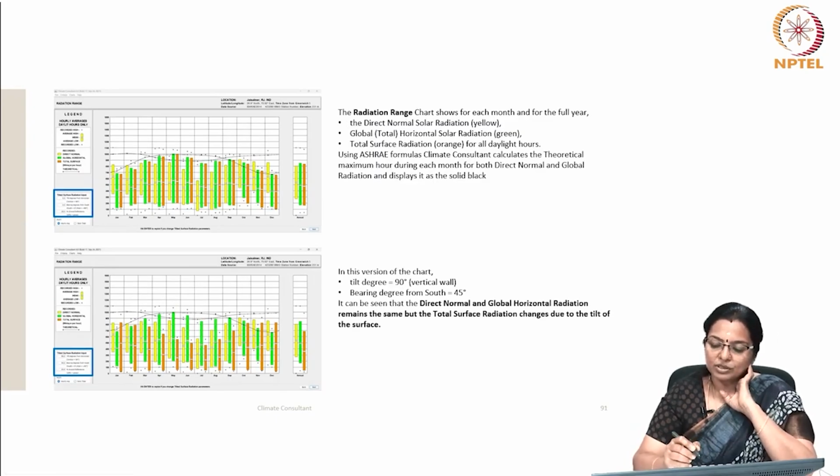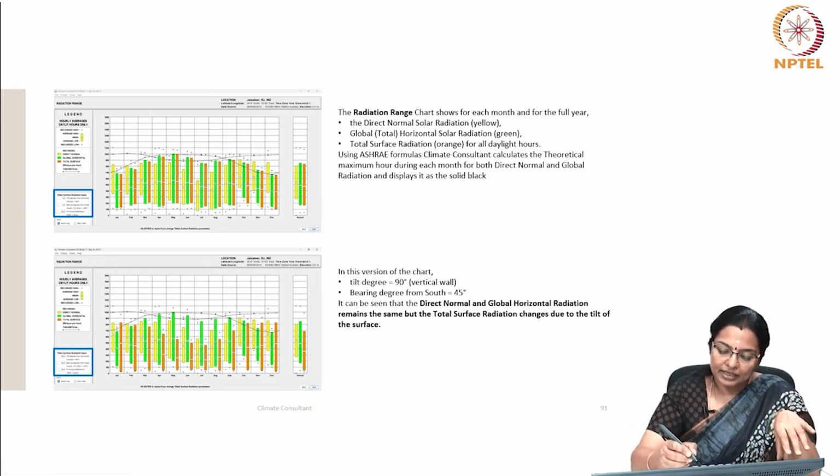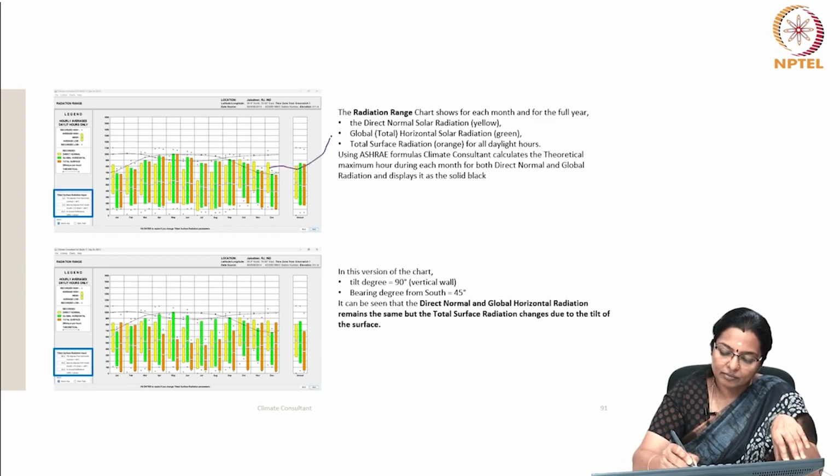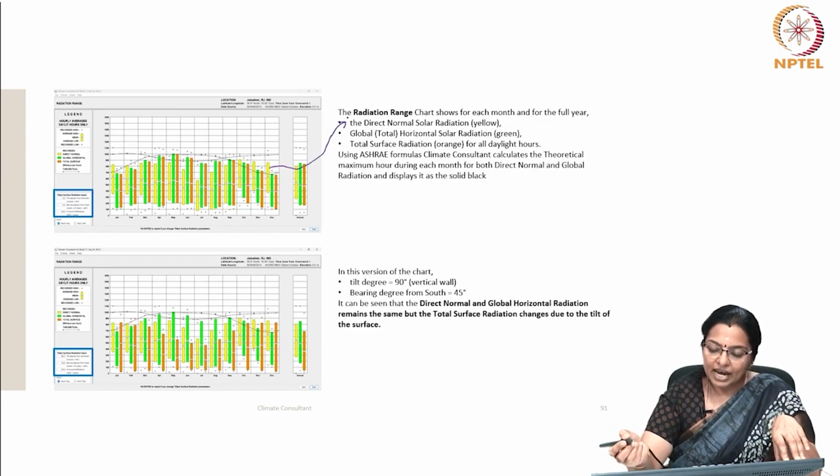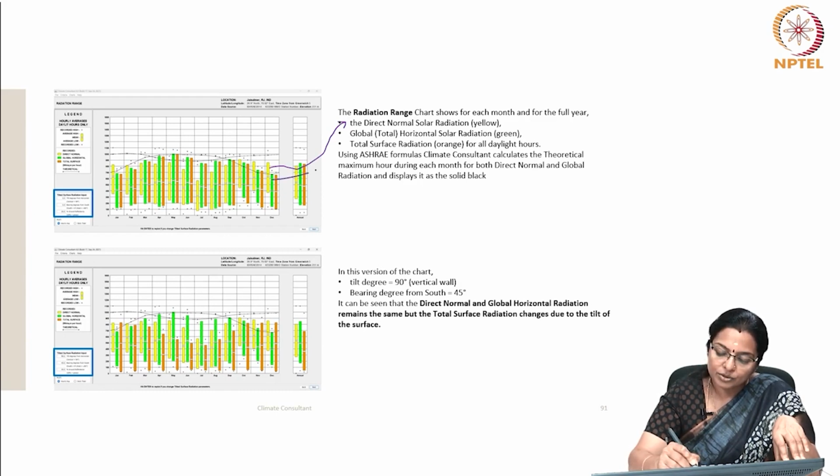This chart shows for each month and for the whole year. The yellow color is the direct normal solar radiation, whereas the global or total horizontal solar radiation is in green, and then the total surface radiation is in orange.